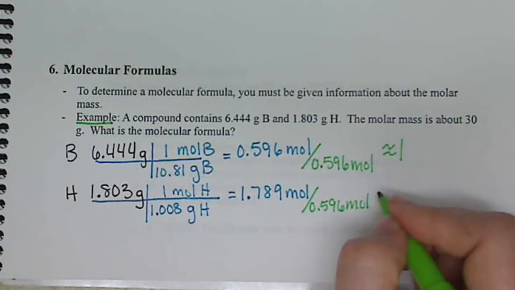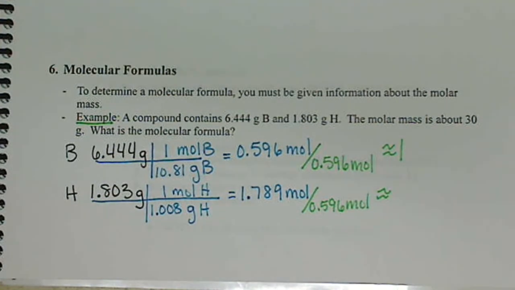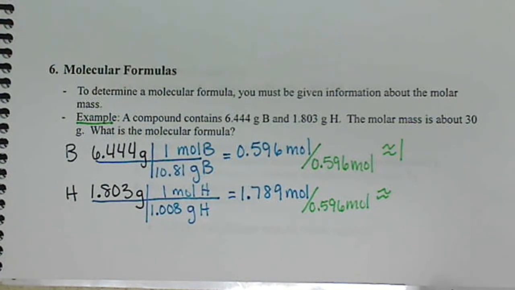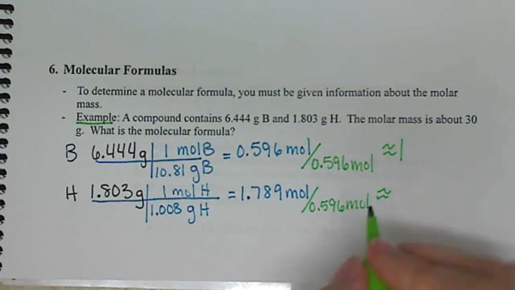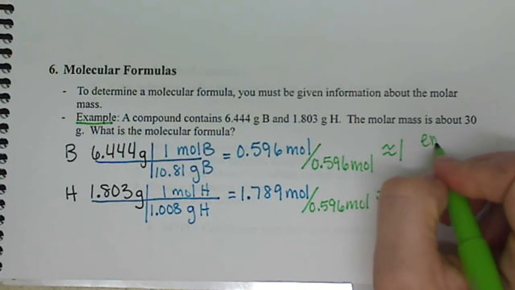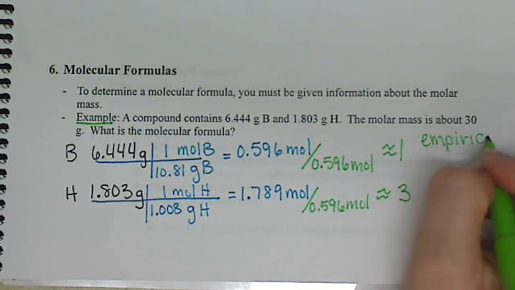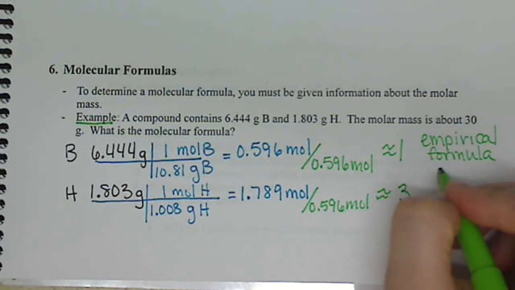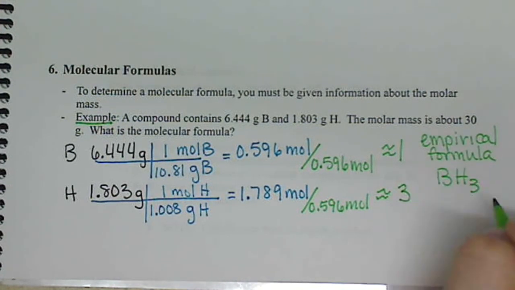So that's going to equal 1. I'm going to take my hydrogen value, and that's 3.0011585517, so we'll say that's approximately 3. So our empirical formula is going to be BH3.